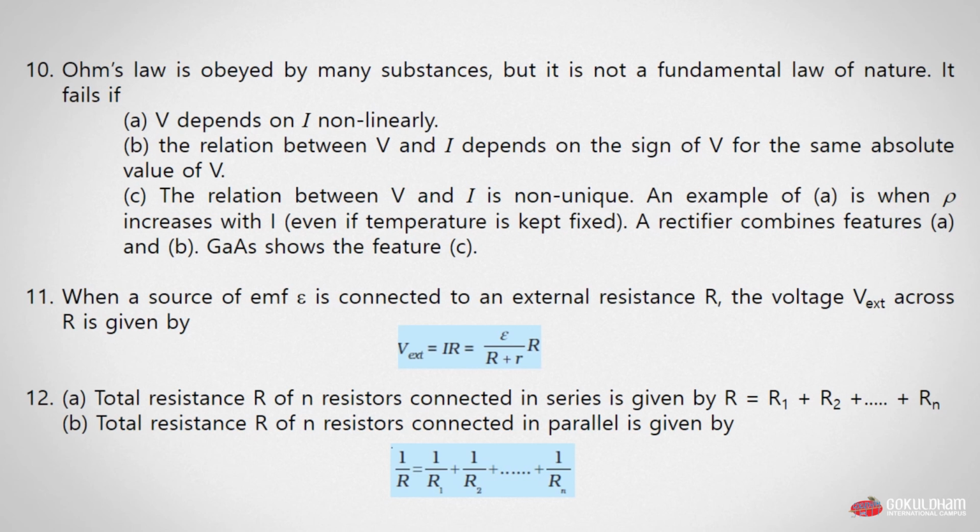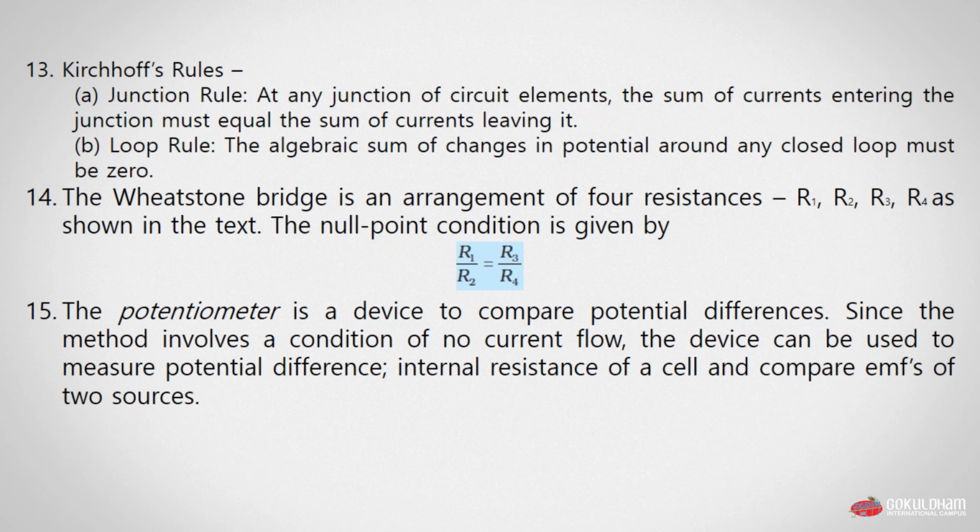Eleventh, when a source of EMF ε is connected to an external resistance R, with internal resistance r, the voltage V_ext across R is given by V_ext = I R = ε R / (R + r). Twelfth, the total resistance R of n resistors connected in series is given by R = R1 + R2 + ... + Rn, and the total resistance R of n resistors connected in parallel is given by 1/R = 1/R1 + 1/R2 + ... + 1/Rn. Thirteenth, Kirchhoff's rules.